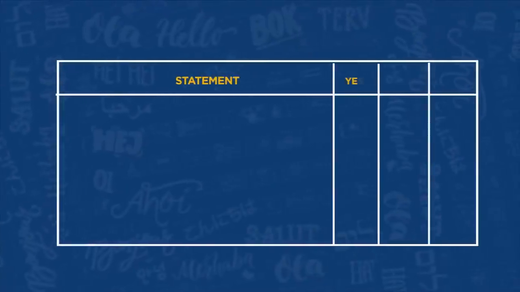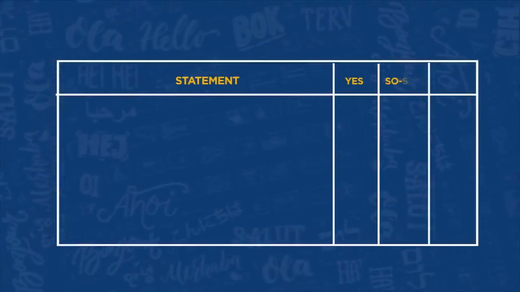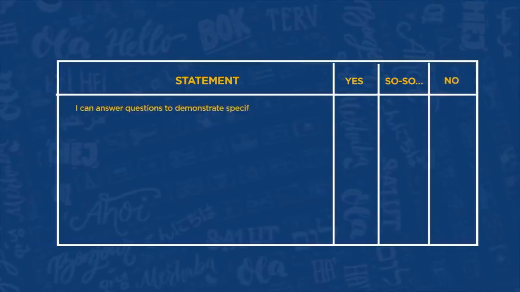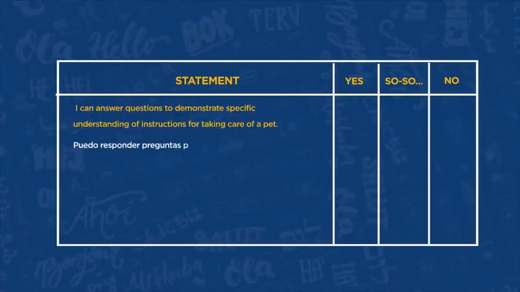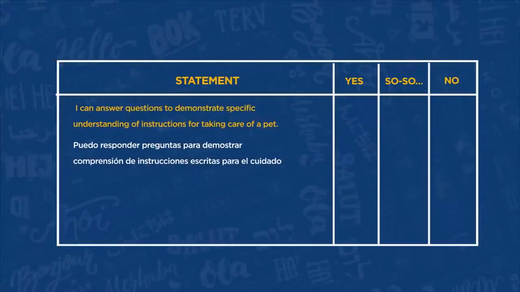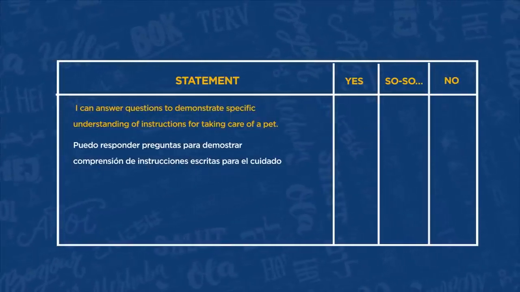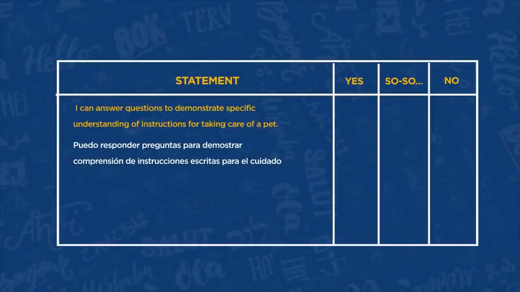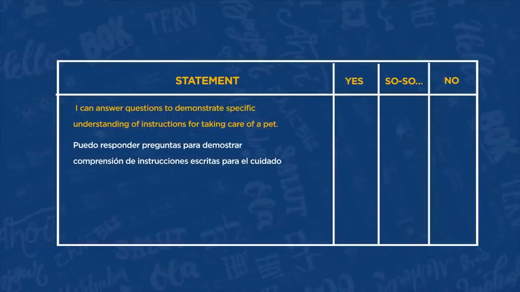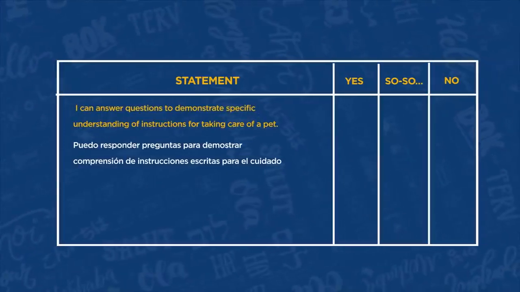Statement. Yes. So. No. I can answer questions to demonstrate specific understanding of instructions for taking care of a pet. Puedo responder preguntas para demostrar comprensión de instrucciones escritas para el cuidado de una mascota.